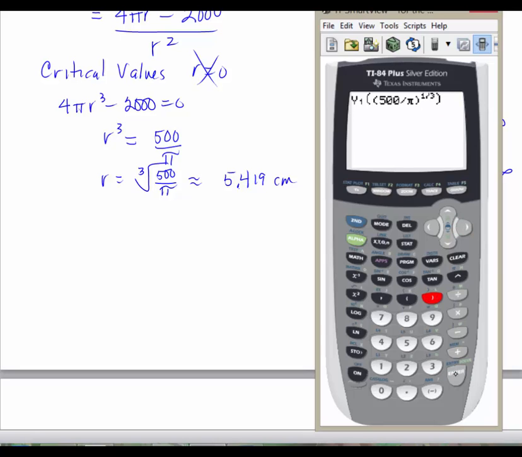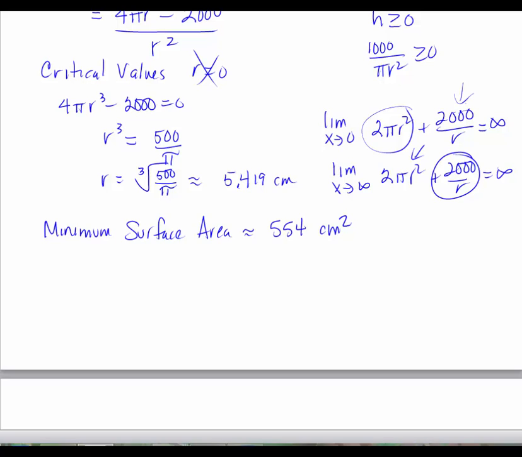And I'm going to hit enter. And so I get the absolute min is approximately 554. So I'd say the minimum surface area is approximately 554 centimeters squared, and it occurs when the radius is approximately 5.4.